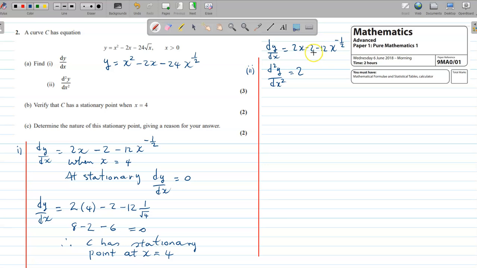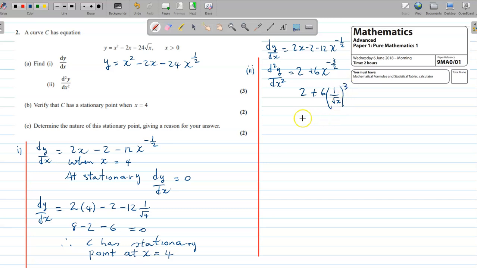That becomes 0. This would become positive 6x to the minus 3 over 2. Let us write this as 2 plus 6 over the root of x cubed.